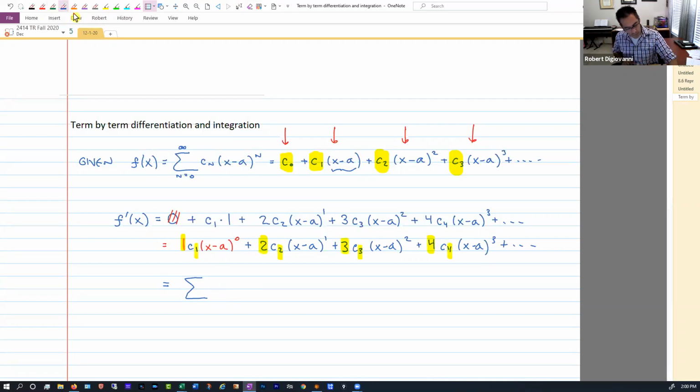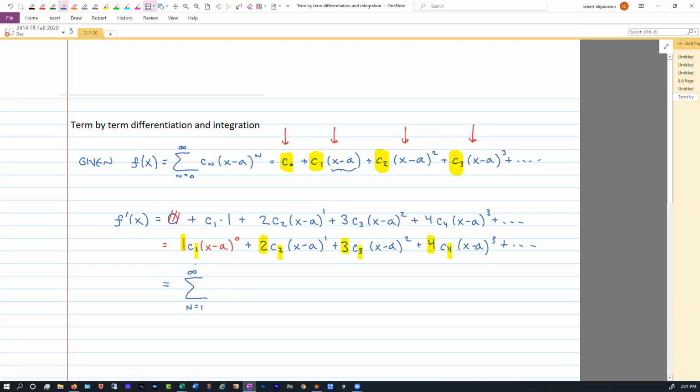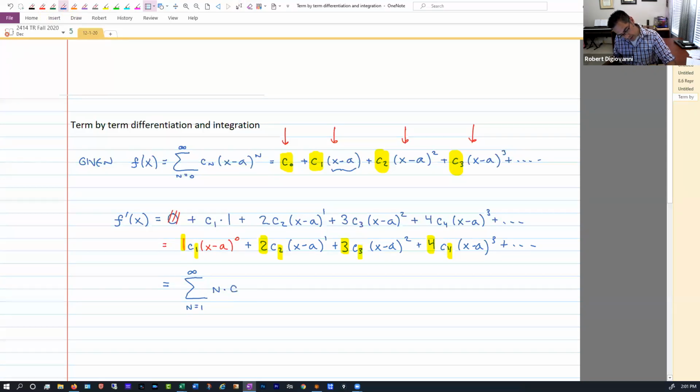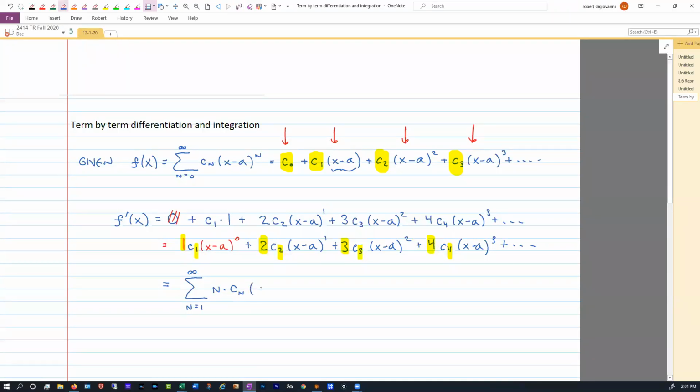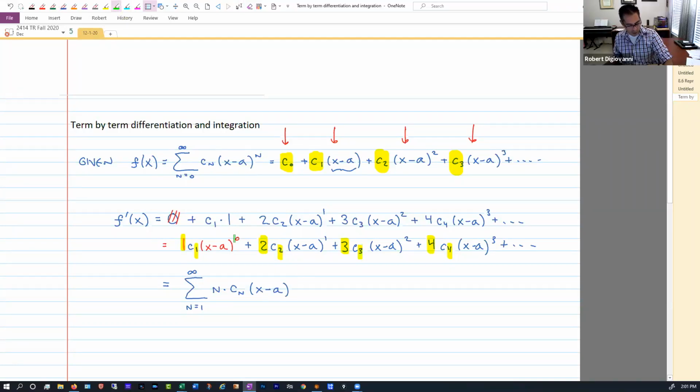So if I start my sum at 1 to infinity, won't that coefficient out in front always just be n times c sub n? Y'all agree with that? That takes care of all of the stuff in yellow, right? Correct. And then x minus a to what power? n. So what are our powers? n, 0, n minus 1. It's always 1 less. So n minus 1 here.